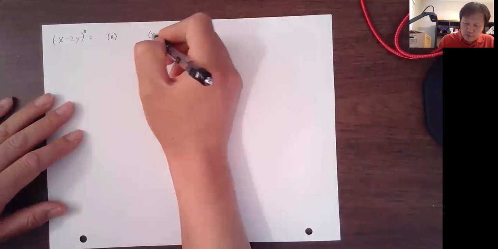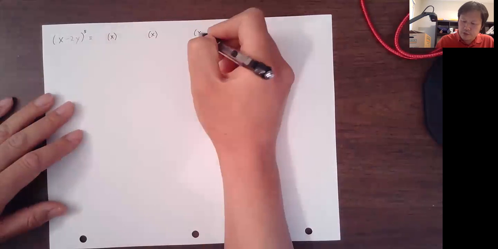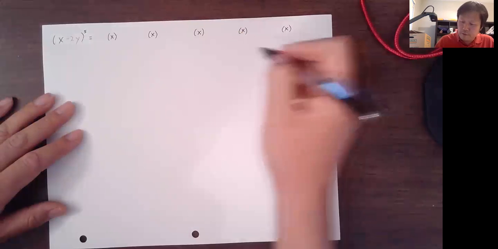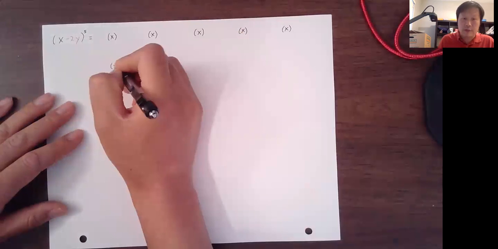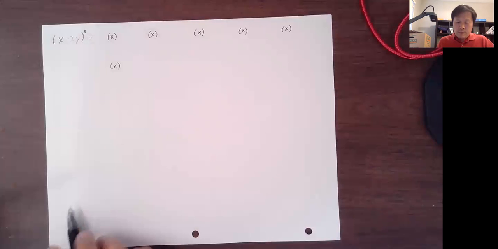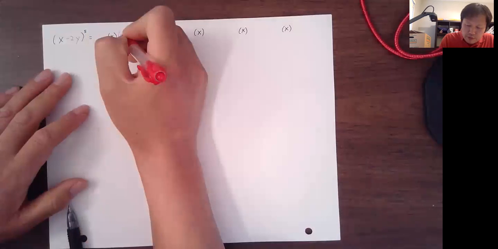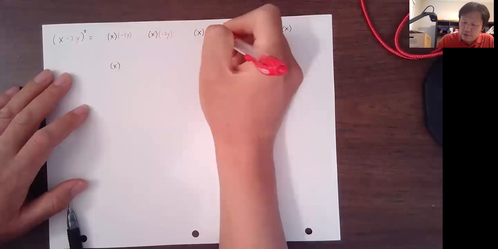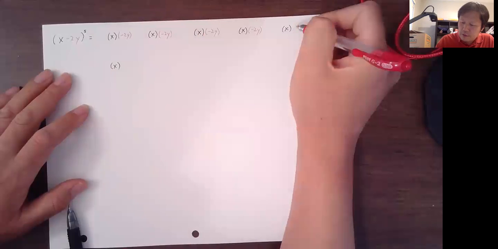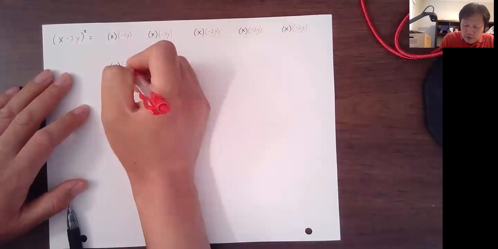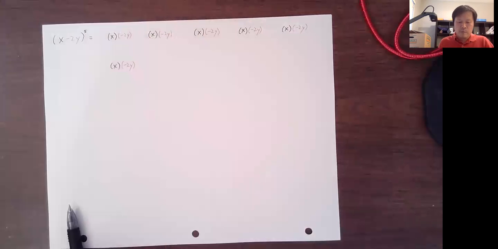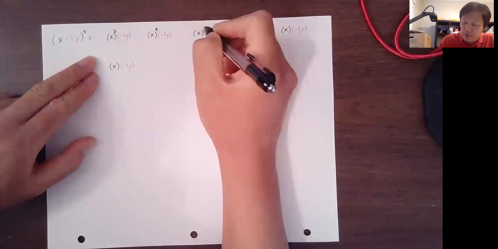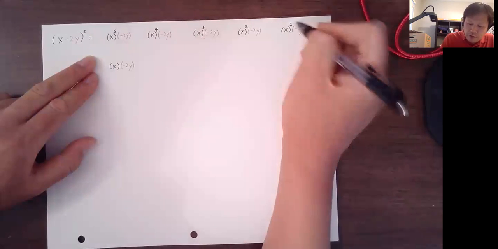1, 2, 3, 4, 5, 6. Then I'm going to write down minus 2y, minus 2y, minus 2y, minus 2y, minus 2y, minus 2y. The powers go 5th power, 4th, 3rd, second, first power, 0th power.